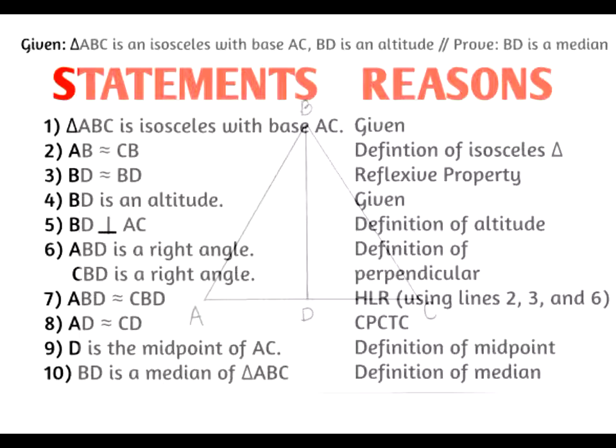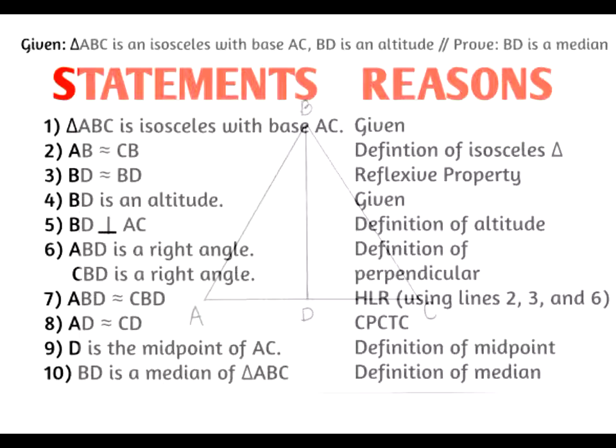Statement 6. Angle ADB is a right angle, and angle CDB is a right angle. Reason, definition of perpendicular. Statement 7. Angle ABD is congruent to angle CBD. Reason, HLR, using lines 2, 3, and 6.